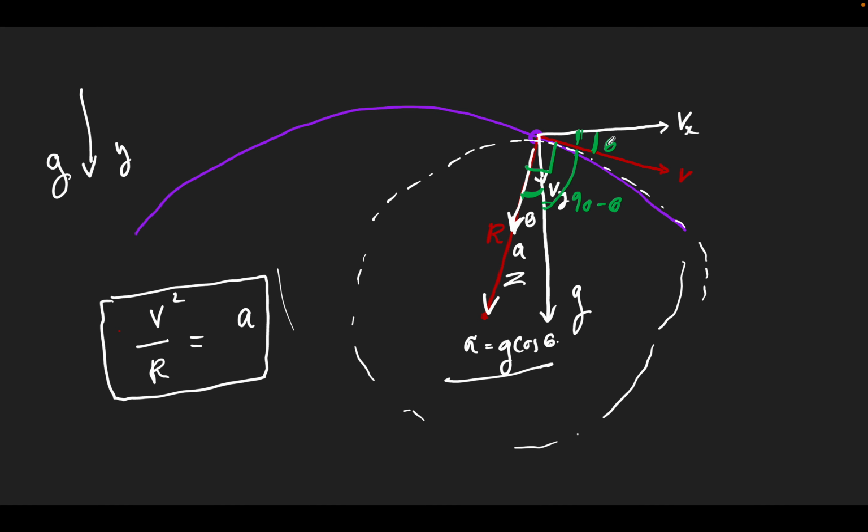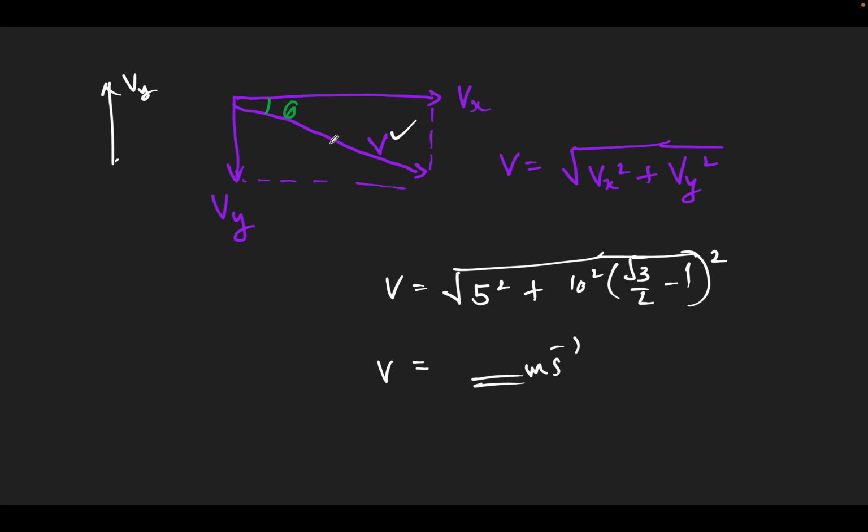But if you analyze properly, you will understand that theta is the same as the angle between V and Vx also. This is V, this is Vx, this angle is theta. Then what is tan theta? Tan theta is equal to opposite side by adjacent side.